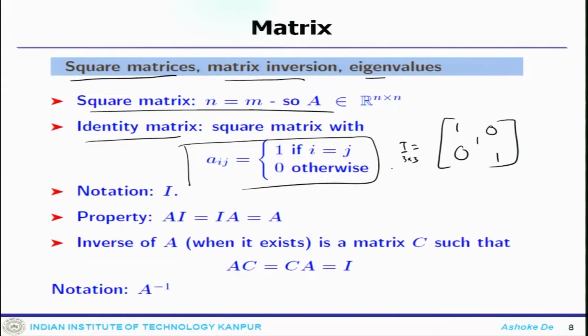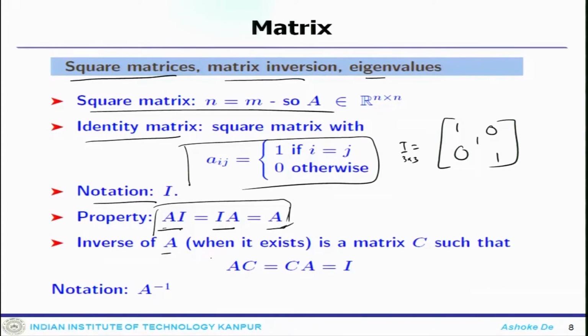This is a 3 by 3 system, and its notation is I. The property of an identity matrix is that if you multiply it with any matrix, whether by right-hand or left-hand multiplication, you get back A. So, the identity matrix does not change the property of the original matrix. That is one of the important pieces of information to keep.